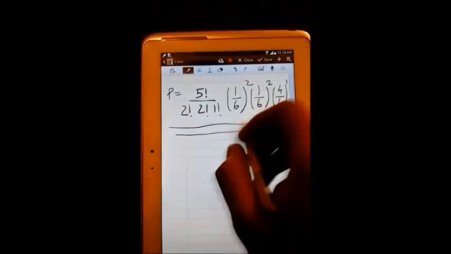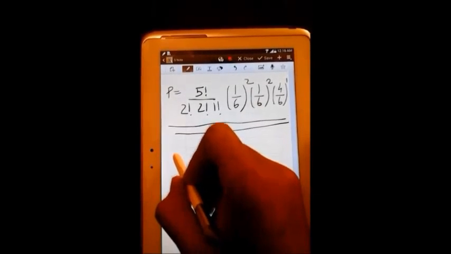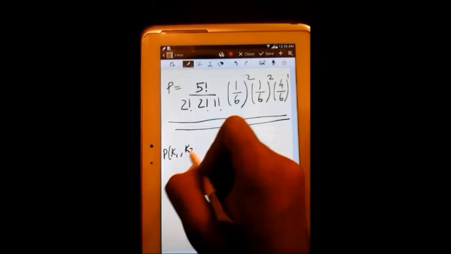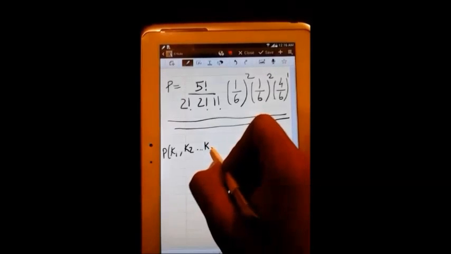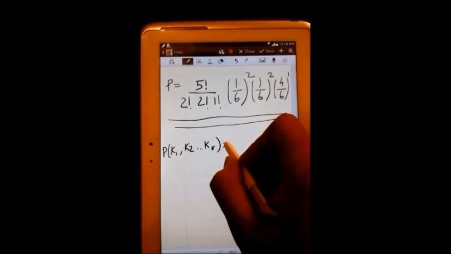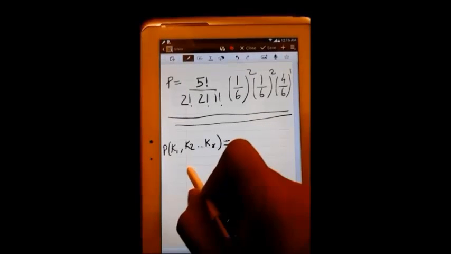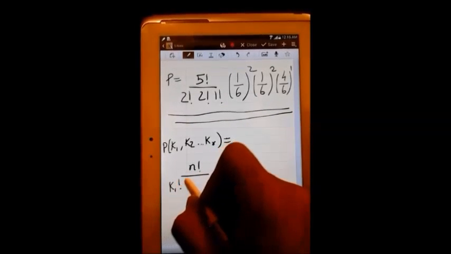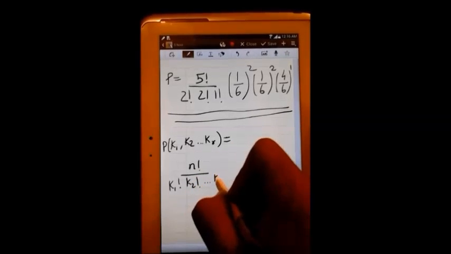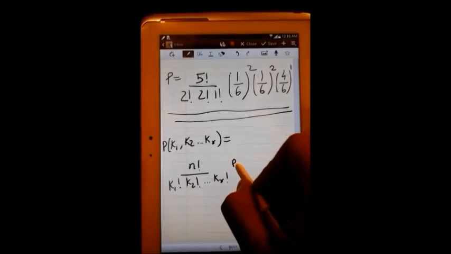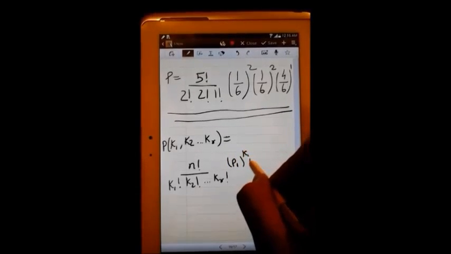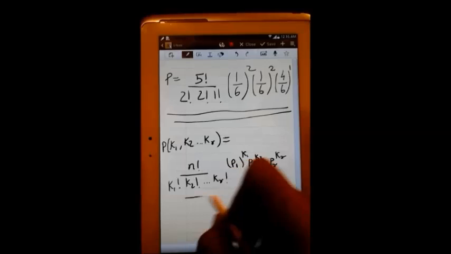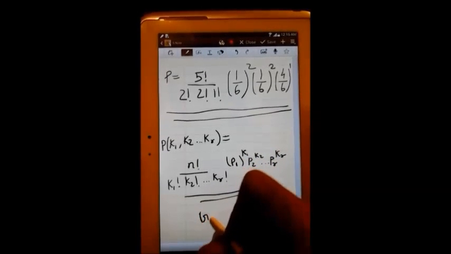Therefore, the generalized form of the Bernoulli's trials can be stated as the probability of event k1, k2, dot dot dot kr, that is equal to n factorial upon k1 factorial, k2 factorial, dot dot dot kr factorial, into probability 1 raised to k1, probability 2 raised to k2, dot dot dot probability r raised to kr, which is nothing but the generalized form of the Bernoulli's equation.